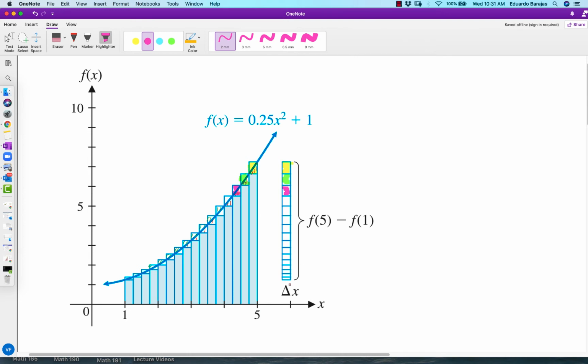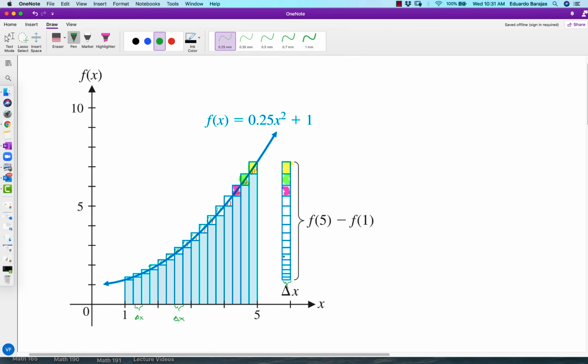And so the sum of all of those rectangles, well, they're going to have the same width as all of the rectangles. They all have a delta x width, right? All of these rectangles, they're all delta x, all of them. So if you're just transferring it over, well, this is also going to have a delta x width.